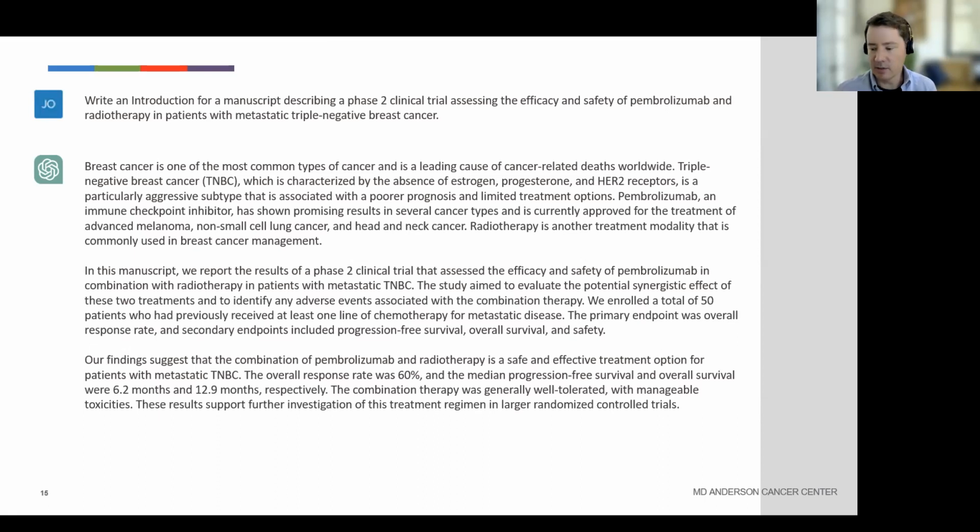And then it even kicks out these findings, which are just absolutely made up. They talk about an overall response rate of 60%, which, oh my God, congratulations on your Nobel. And overall survival of 6.2 months and 12.9, it's just completely made up stuff because, again, it's just generating that text word by word.